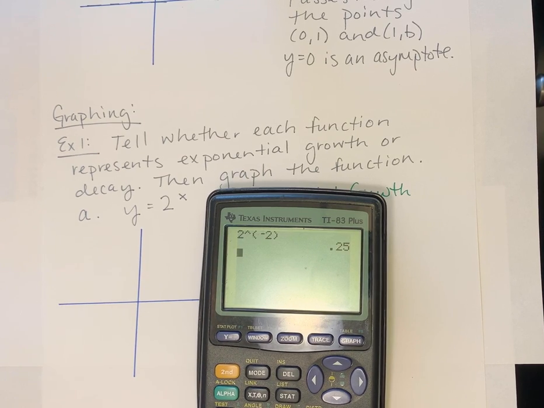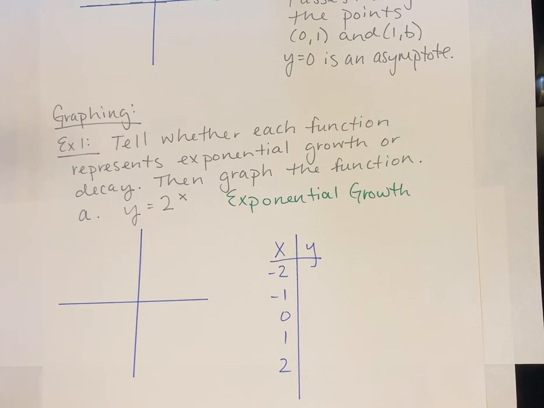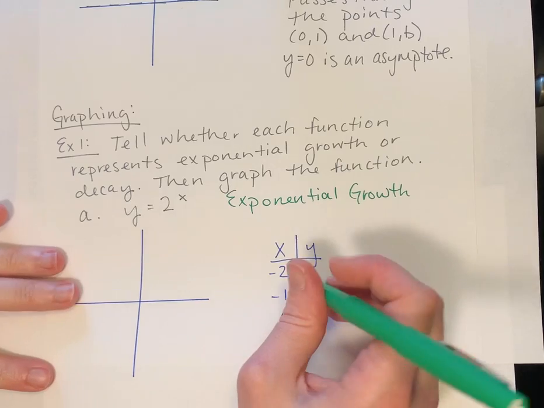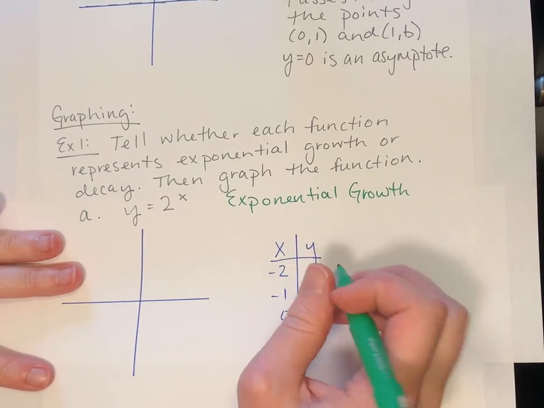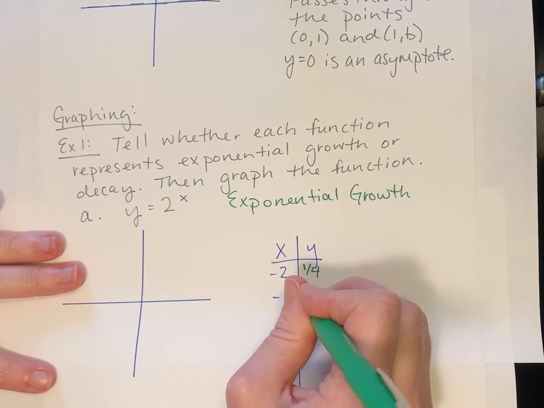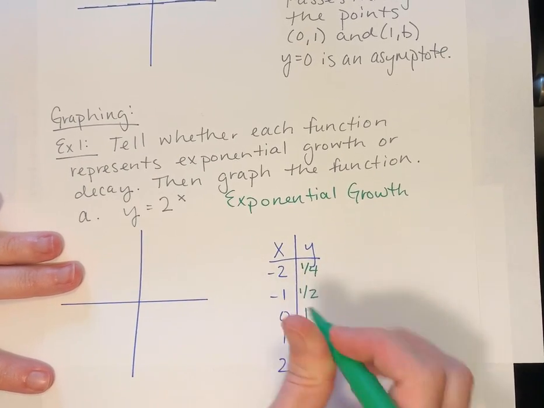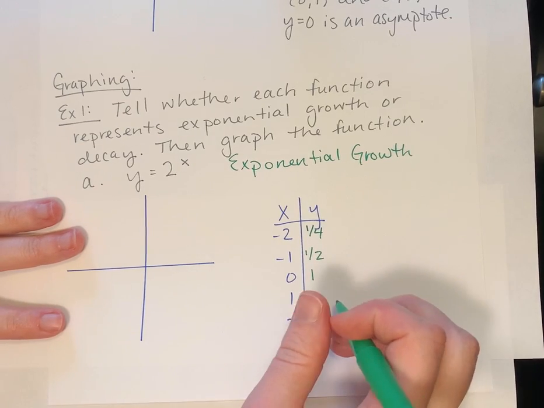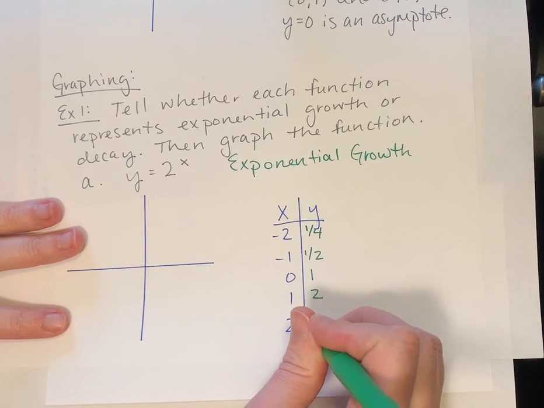And that gives me 0.25. And you're going to continue to do that. So you're going to put in -2, -1, and so on. So you should end up, I'm going to put them in fraction form, with 1/4, 1/2, 1, 2, and 4.